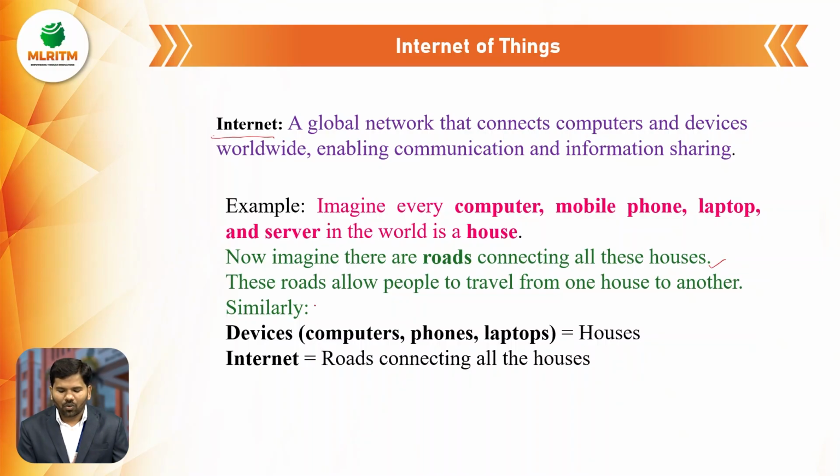These roads allow people to travel from one house to another. Similarly, devices like computers, phones, and laptops are treated as houses, and the internet is the roads connecting all these houses. In this way we connect all the computers globally to share information. It is nothing but the internet.